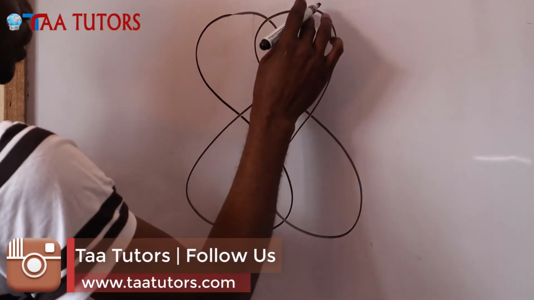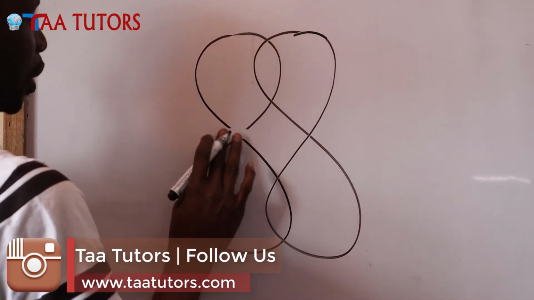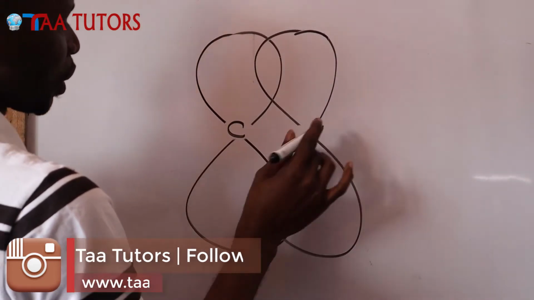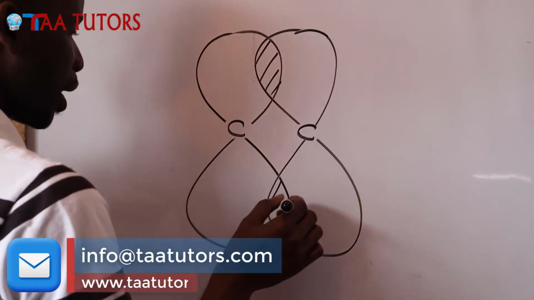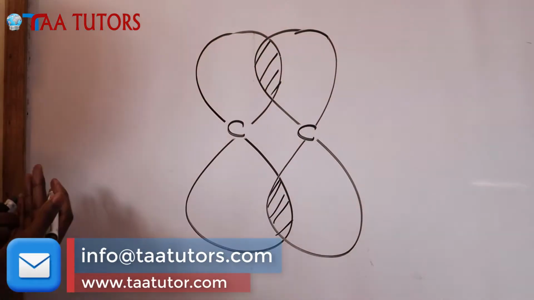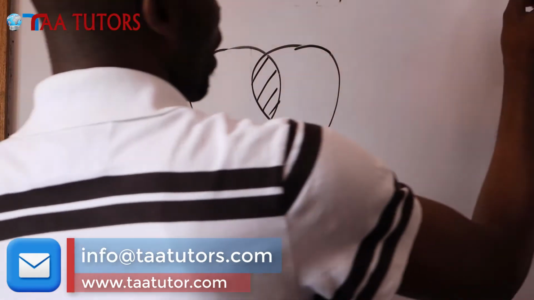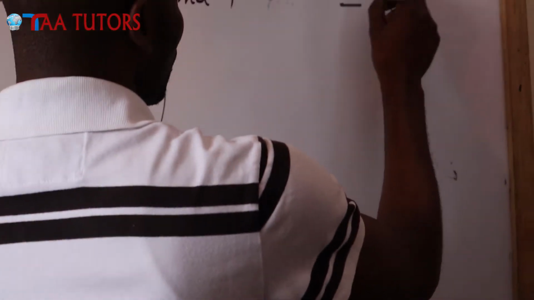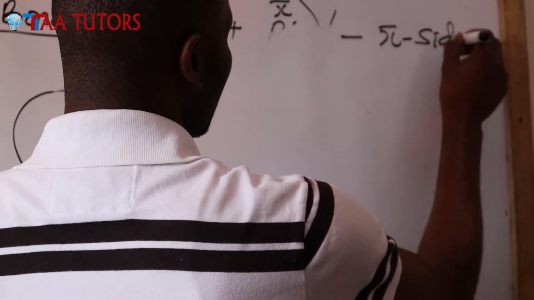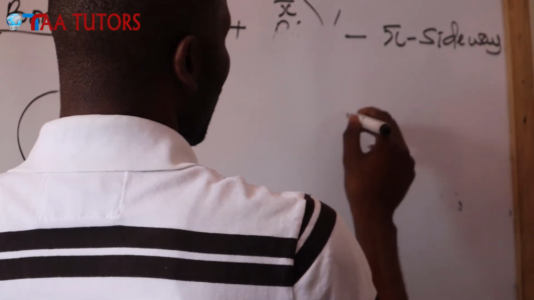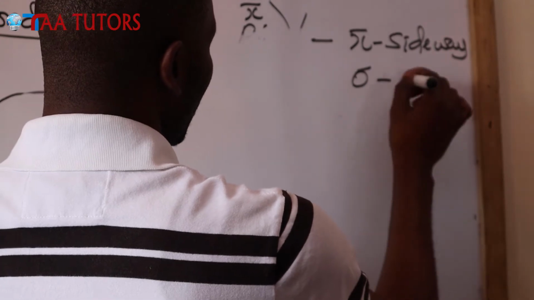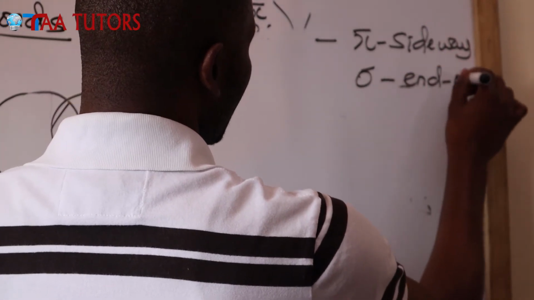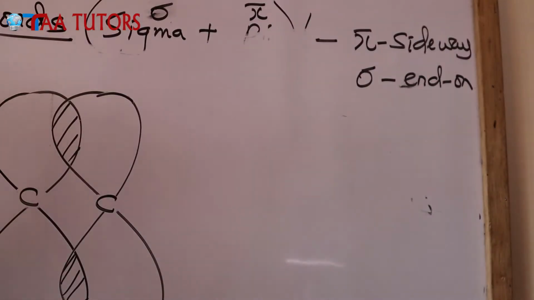I've said that this region here, this is carbon, this another carbon, and this region here is where orbitals overlap sideways. So with the pi bonds, we talk about sideway overlapping. With the sigma bond, we talk about end-on overlapping. So that's something you really have to understand.